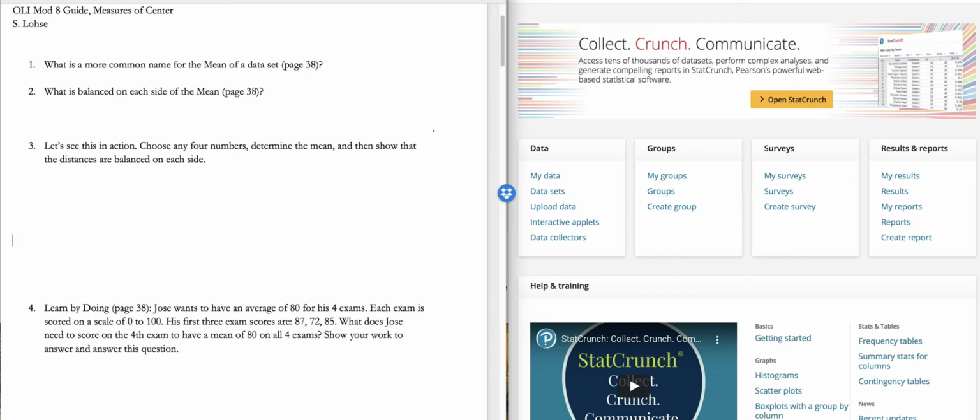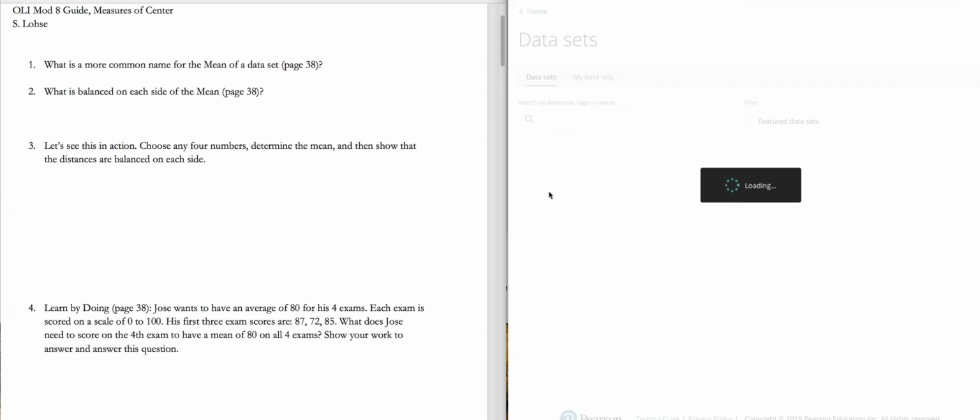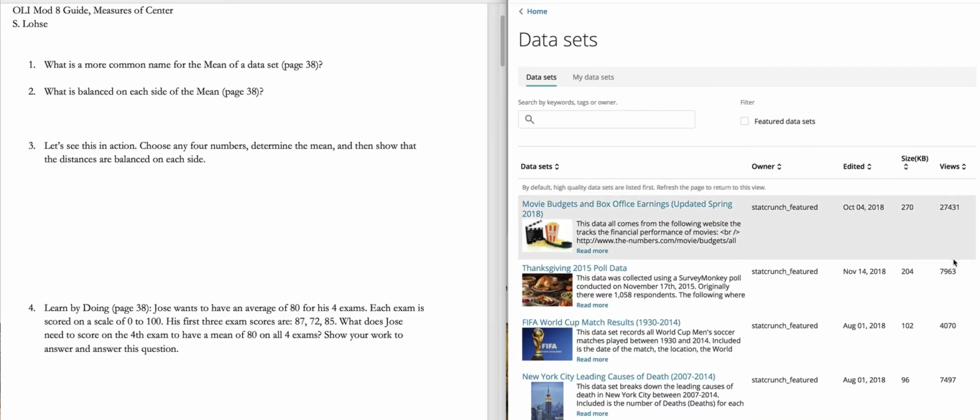So to do this, and to just make sure you don't think I've concocted the numbers in any way, I'm actually going to go to the data sets view in StatCrunch, and I'm going to use the views numbers over here to just give me my numbers. Let's see, I'm going to take that first number.